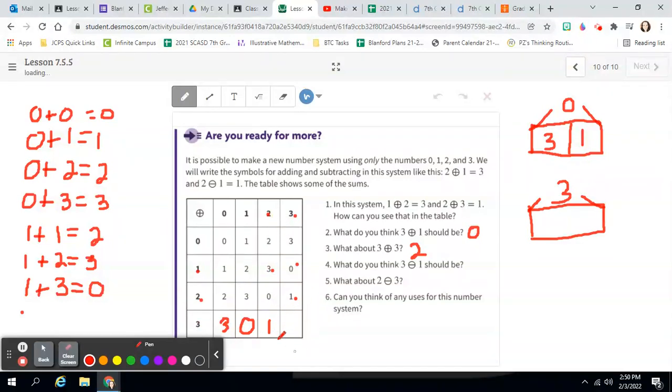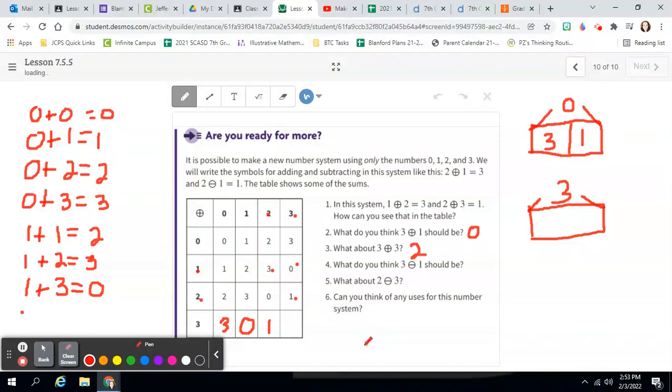Now, this is the only one that we don't have filled out based on the commutative property, because we never came to a spot where we did 3 plus 3. If I'm looking at the chart, this is where we can start figuring out what 3 plus 3 is.